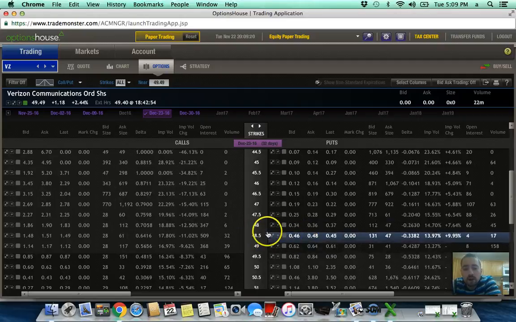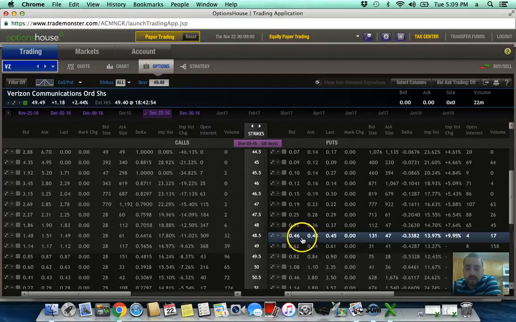This is a contract. If you go in here, it's a contract. You have to promise to buy. Doesn't mean you're going to do it. It just means you have to promise to buy it at 47 cents. But each contract represents 100 shares.